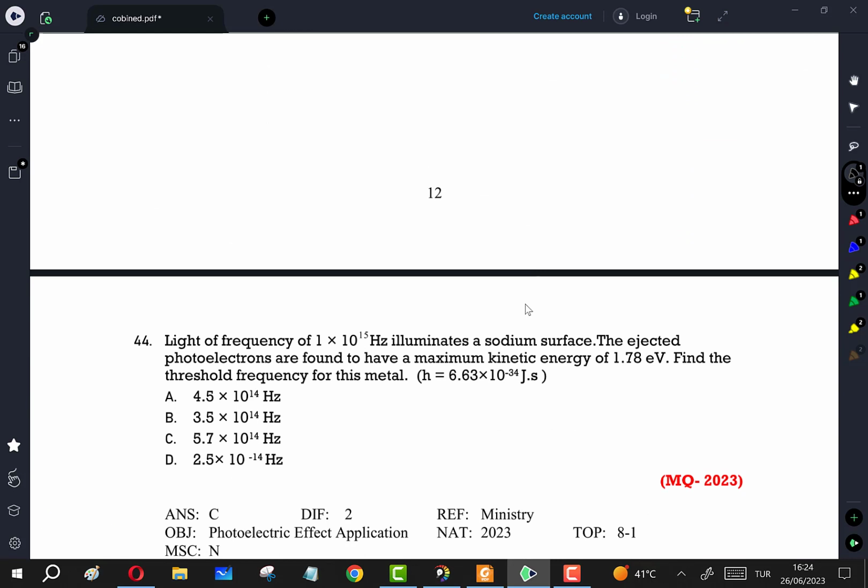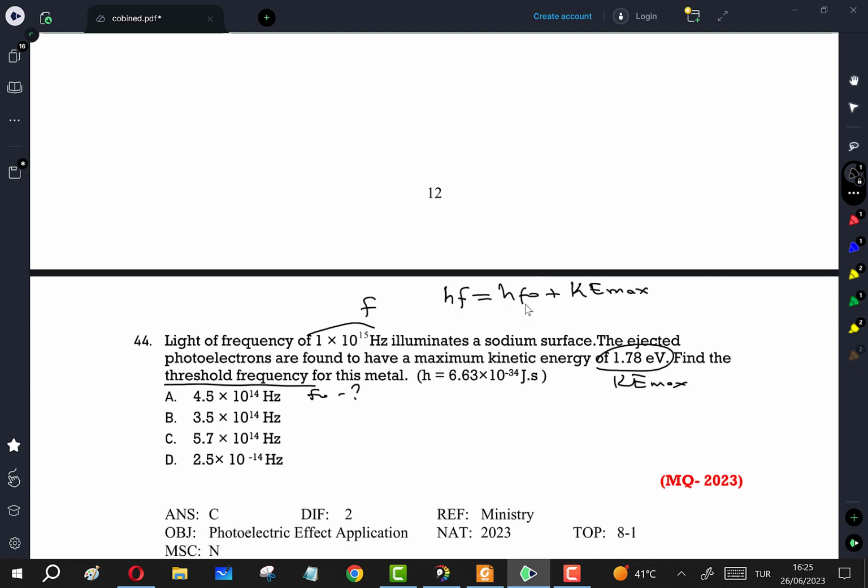Light of frequency 10 to the power of 15 hertz illuminates a sodium surface, which is the frequency of the photon. Ejected photoelectrons are found to have maximum kinetic energy. Find the threshold frequency, f0, is the question. I'm going to use Einstein's photoelectric equation: h times f, the energy of the photon, is equal to the work function plus the maximum kinetic energy of the photoelectrons.